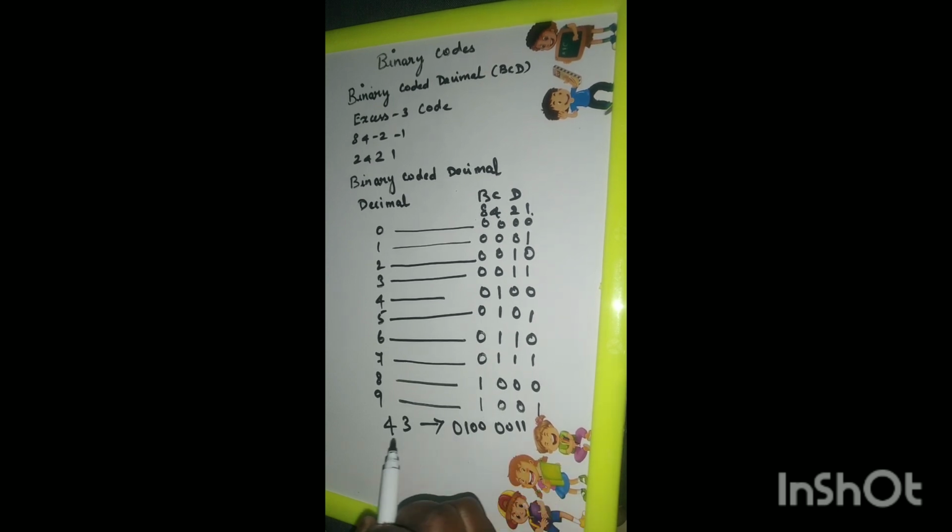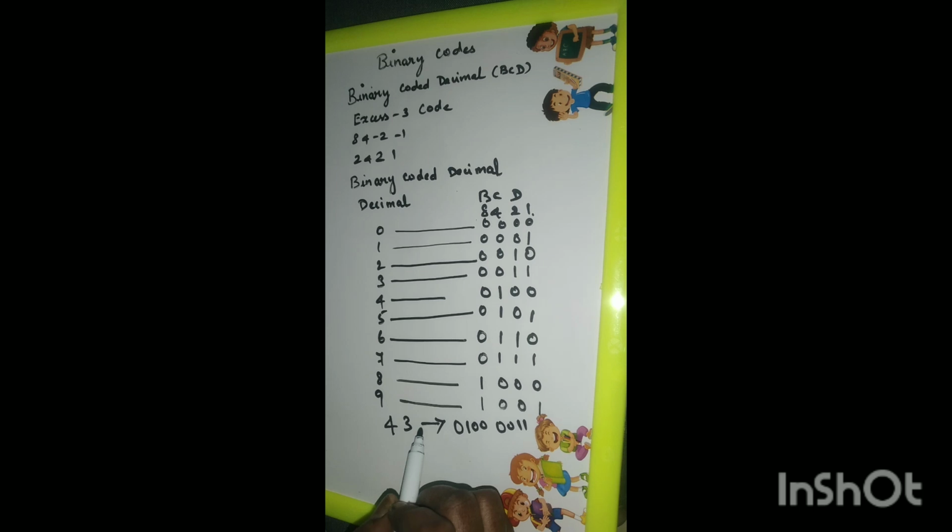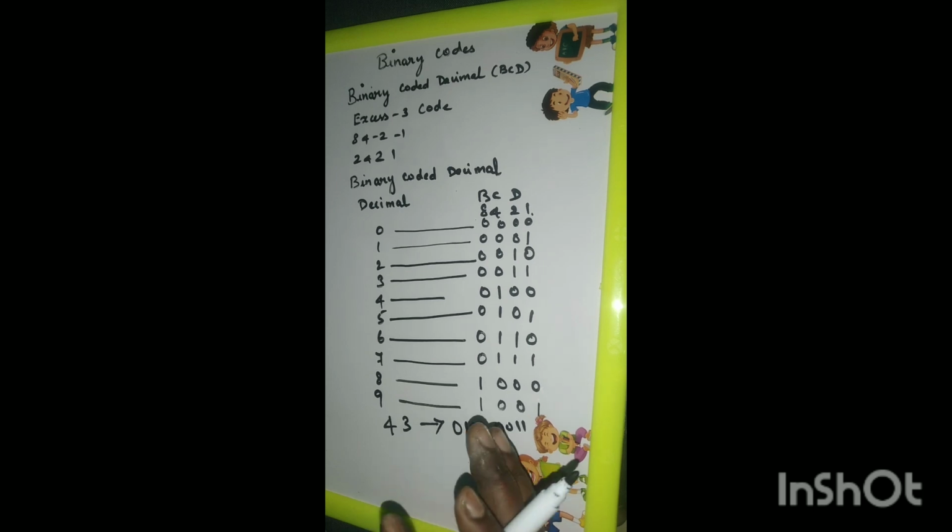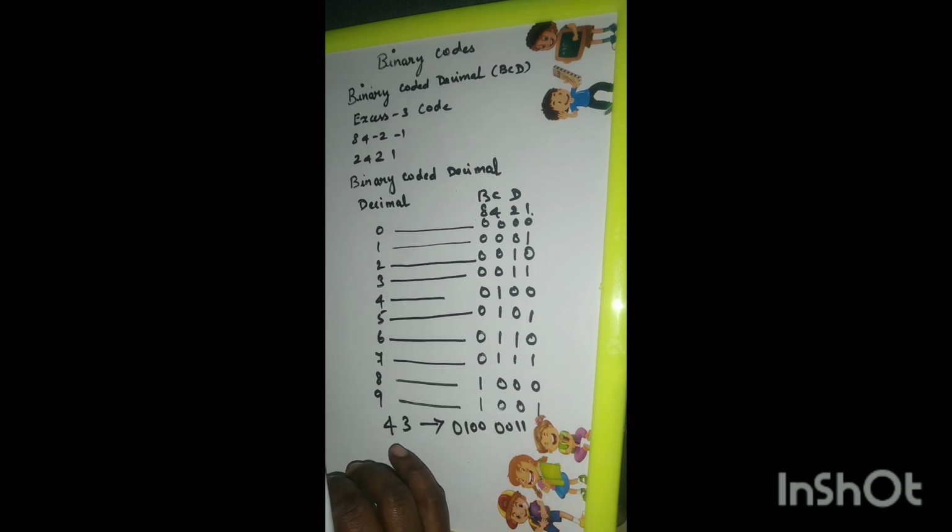For BCD code we directly separate 43 as 4 and 3. We write the binary representation for 4 and a separate representation for 3. This is the difference between BCD and binary conversion.